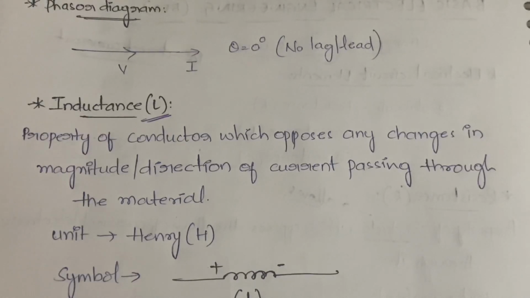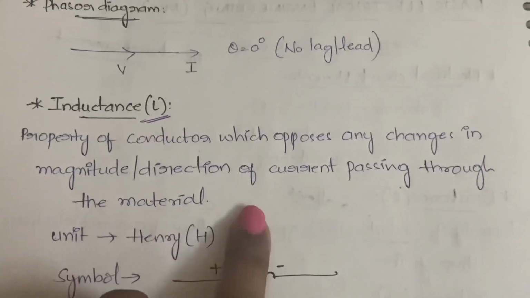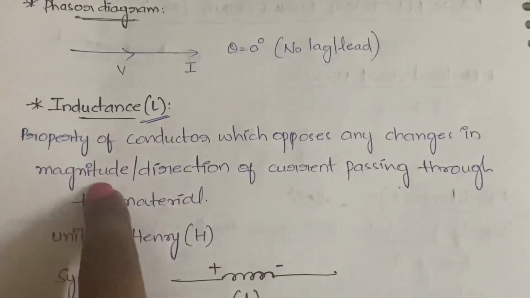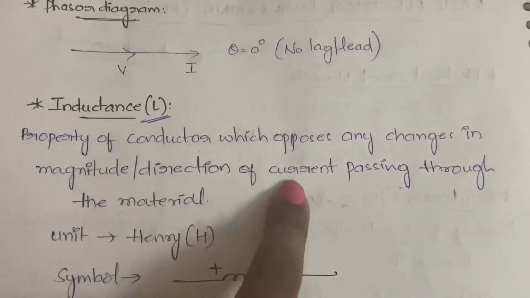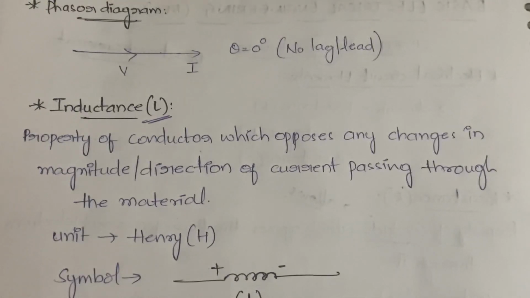If you are not able to understand, then nobody can do anything. So, current passing through the material, any changes happening to the magnitude or direction of the current passing through the material. See, current is a vector quantity or a scalar quantity?